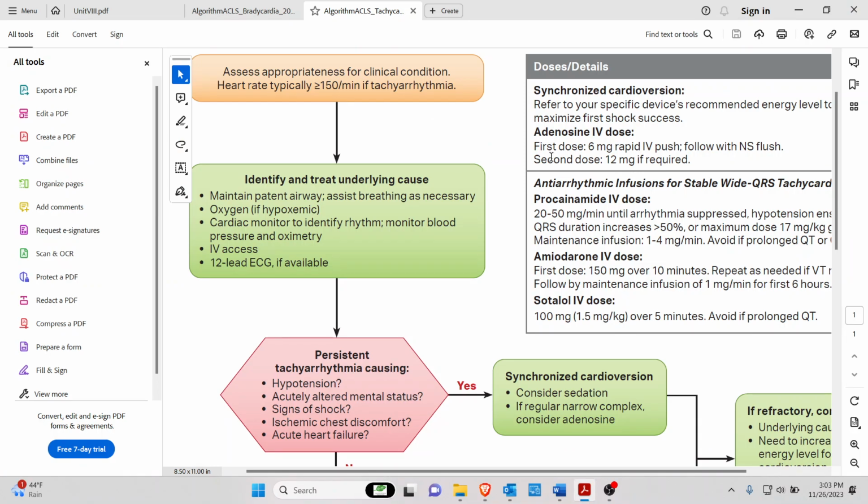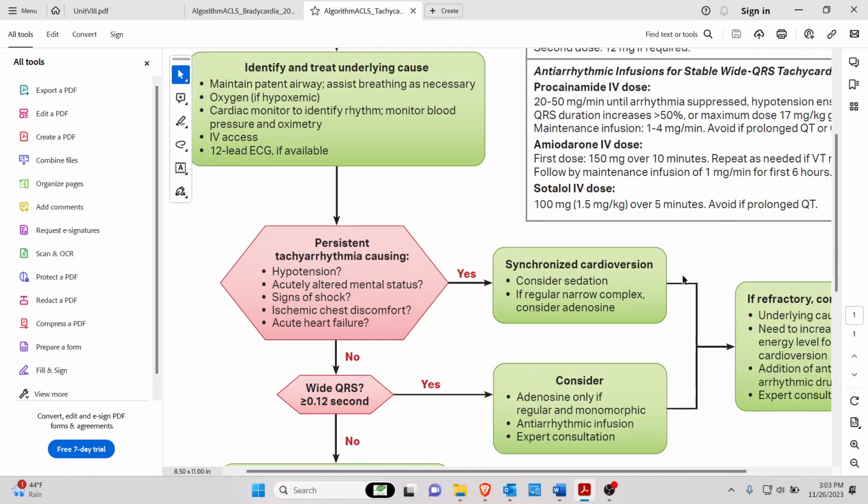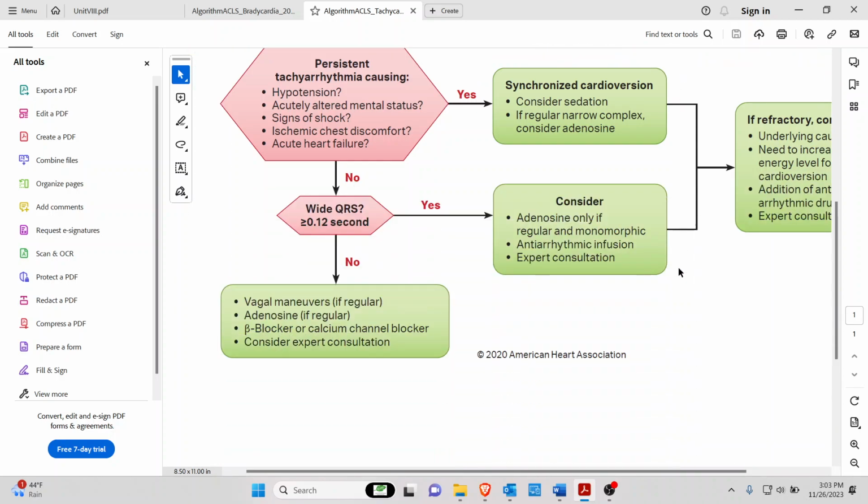Again, adenosine 6 milligrams followed by 12. If that doesn't work, what does it say to look at? Consider an antiarrhythmic infusion if you have it, and then seek expert consultation.